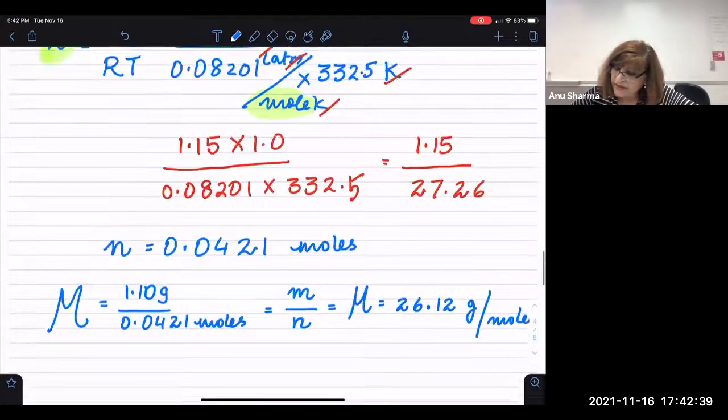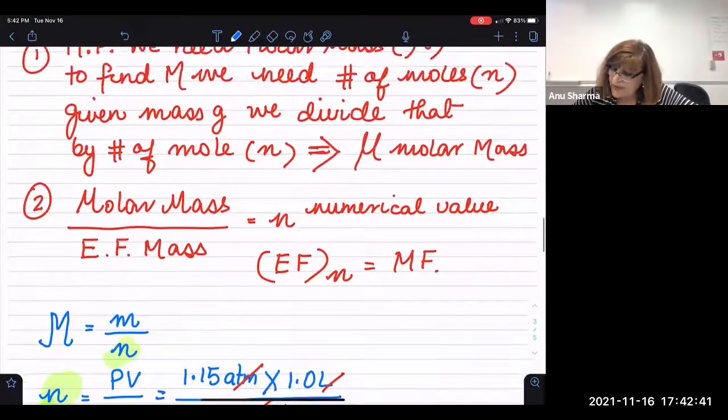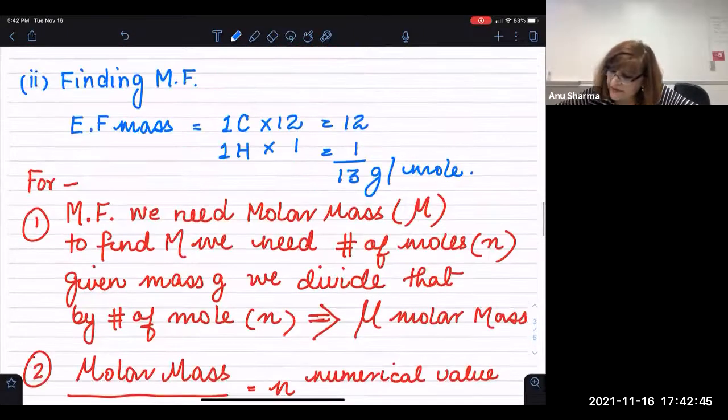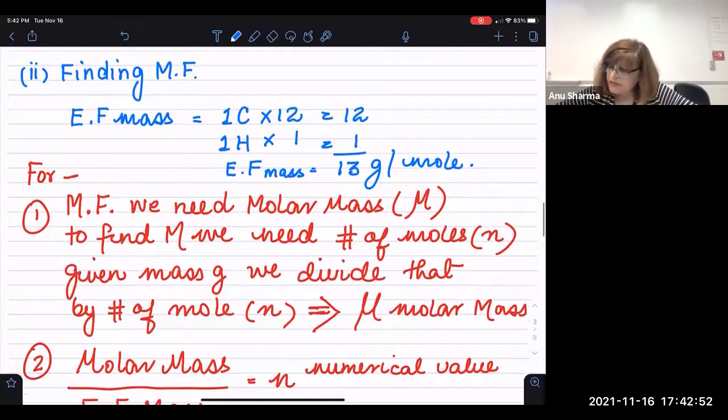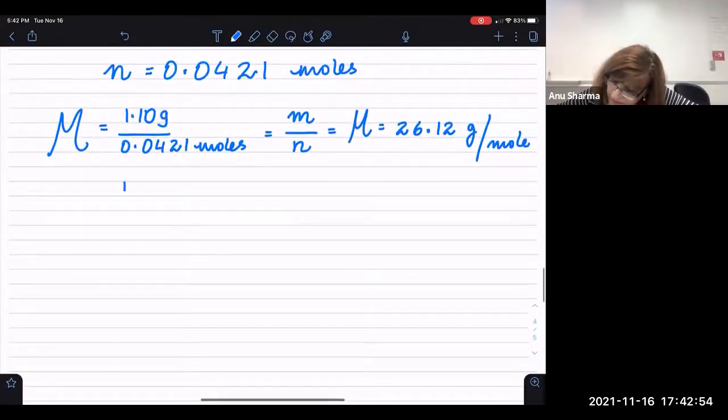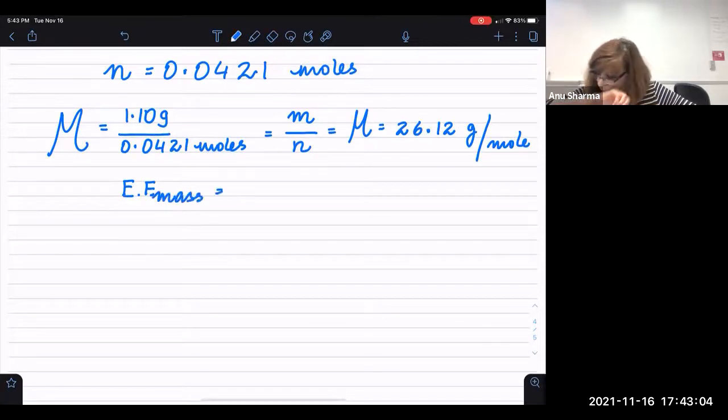Next thing we are doing is that you take the molar mass and divide by the empirical formula mass. So we already calculated the empirical formula mass, and that is equal to 13 grams per mole.